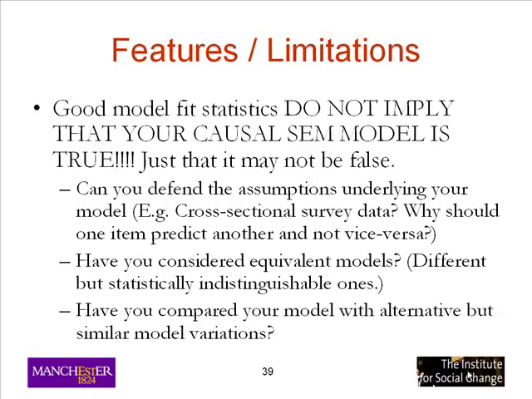Why do I prefer the one I'm claiming is true, or at least the one I prefer? And have I compared my model to models that are slightly different, that would have a slightly different interpretation from a theory point of view, that are statistically distinguishable, to see whether my model is better or worse? Even if it's good, it doesn't mean it's better than an alternative that's out there.